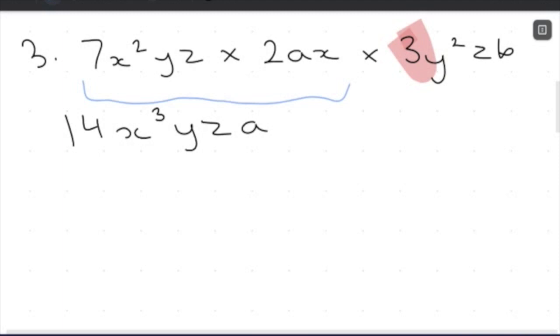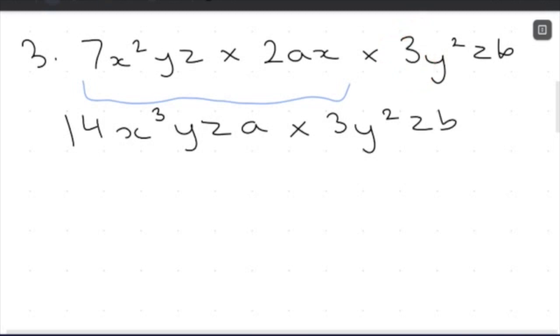Hopefully not in too unfamiliar territory, but we've effectively simplified this entire expression. So we've taken the terms that we know, we've taken 7 and 2, multiplied them together, and we've effectively just multiplied everything else here. And I'm going to now put in my next bit. So I have 3y squared zb.